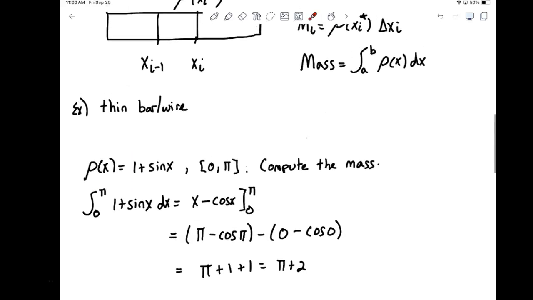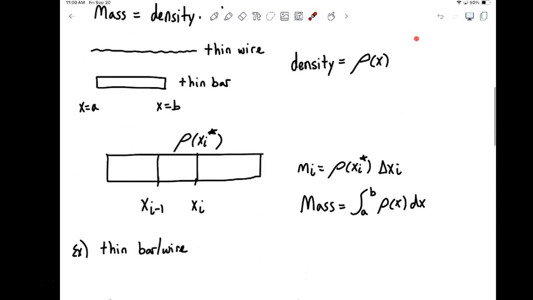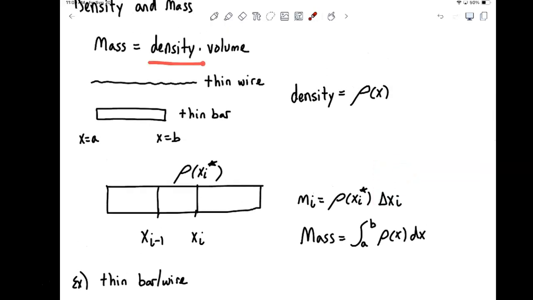And by the way, if you're wondering why I used length here, when I told you earlier that mass is density times the volume, well, if this is a thin wire, then its volume is really just its length. Since we're talking about a thin wire or a thin piece of metal, a very small, short bar, then basically its volume is just its length because it doesn't have any thickness to it.